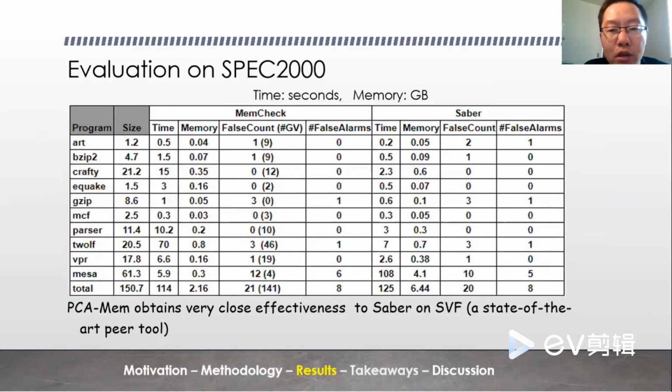In comparison, Sabre found 20 leaks with 8 false alarms in about 112 seconds, consuming 6.44 GB memory. Sabre considers not leaking the heap objects that flow directly into global variables. Defects associated with global variables are specially flagged in the table. Generally, excluding the global variable case, PCA Man appears to be very close to Sabre in effectiveness.